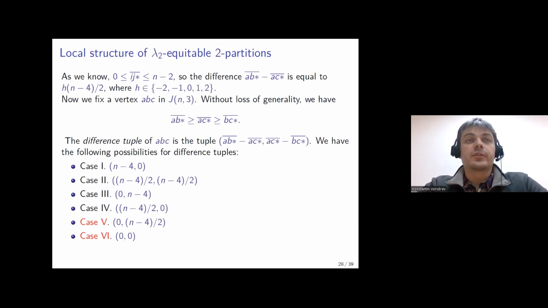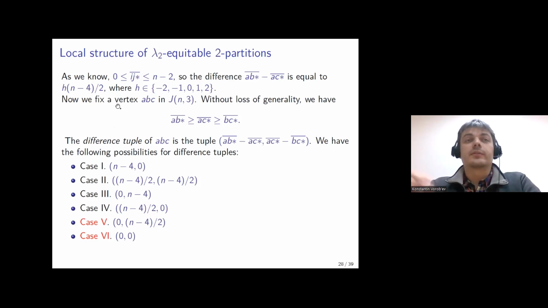Now, without loss of generality, we fix a vertex ABC in our graph such that AB star overlined is greater or equal to AC star overlined, which is greater or equal to BC star overlined. And then we define the difference tuple of this vertex ABC, which is the pair: AB star overlined minus AC star overlined, and AC star overlined minus BC star overlined.